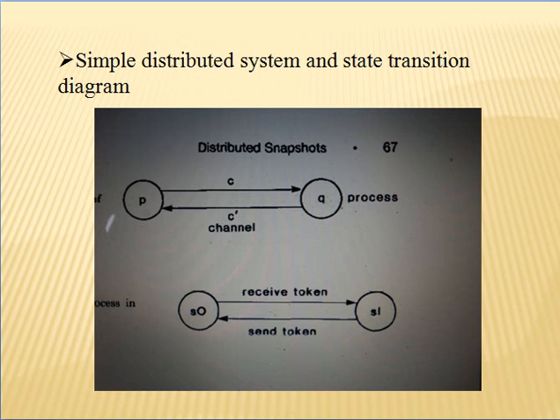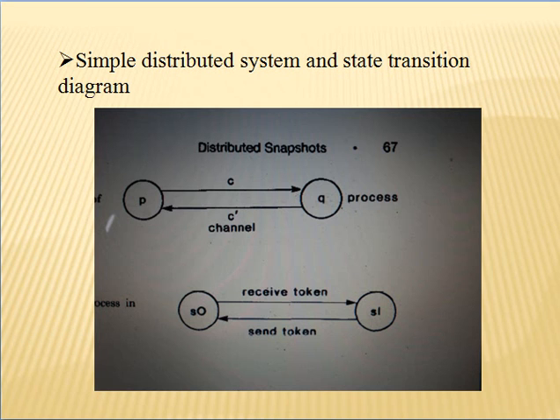Each process has two states, S0 and S1. S0 is a state in which the process does not possess the token. If it has the token, it is in state S1. When it passes the token to the other process, its state changes from S1 to S0.